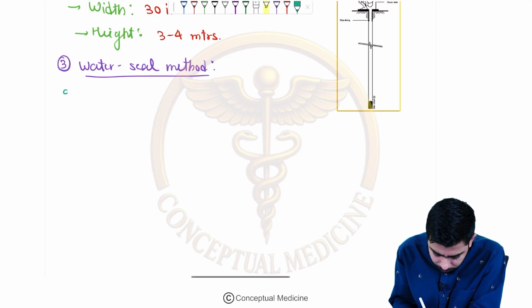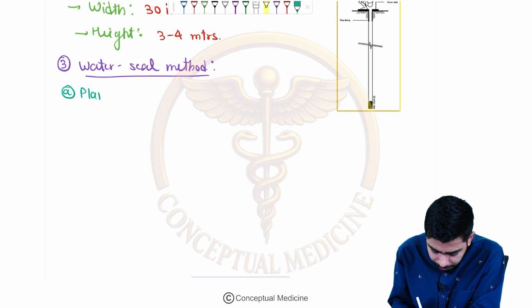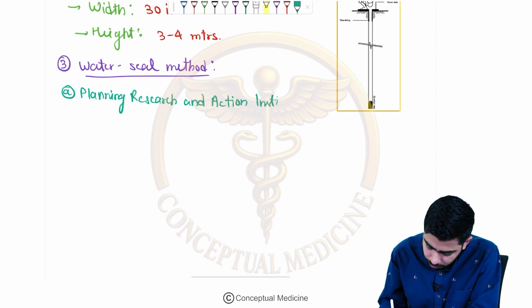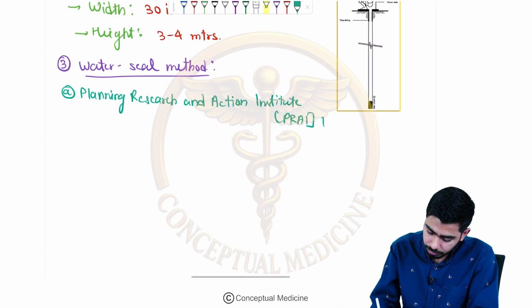The very first one, I'm writing it as A, B, C, is the Planning, Research and Action Institute, abbreviated as PRAI, dry latrine.